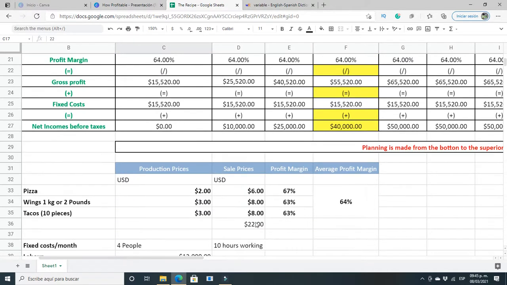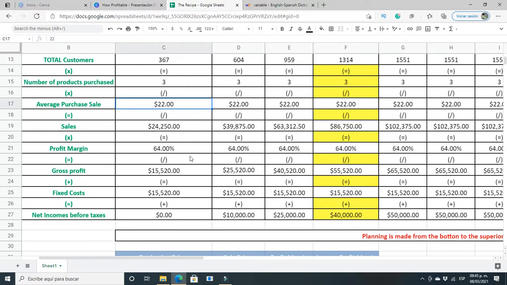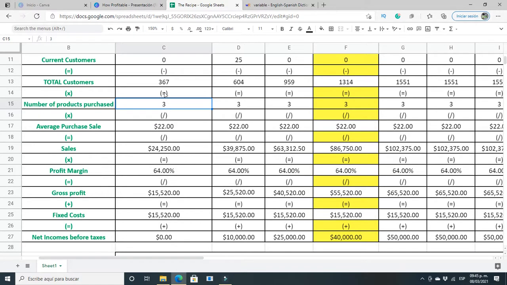I'm going to place here just the sum of these, the one pizza, 1 kilogram of wings, and tacos, $22. And you're going to realize the number of products purchased. It will be an average, and you're going to set it here.